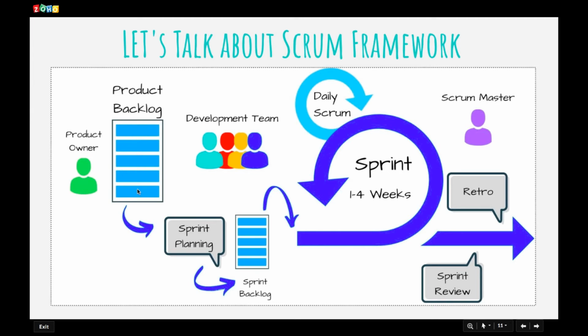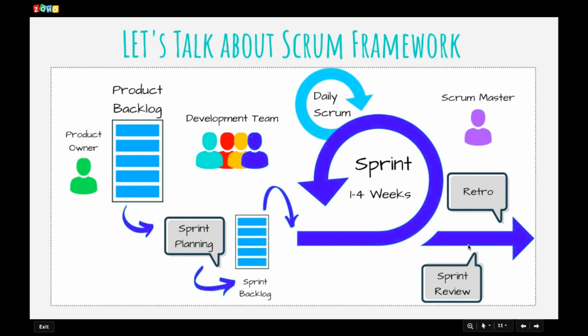From there, we get the respective stories and put them in the sprint backlog. That is where sprint planning starts. Take the stories, assign them to the development team, and run the daily scrum call during the 1 to 4 weeks of the sprint. Deliver it, and either we have to deliver or carry it forward to the next sprint.